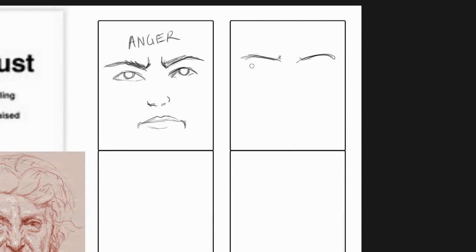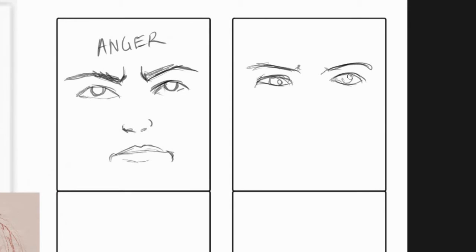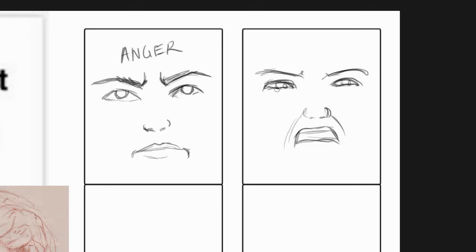So that will be a good one to represent in our example. I think it's quite similar to anger in that the eyebrows are pushed together. It's almost like you're angry that you're repulsed, right? And the upper lip lifted, and those lines that we talked about.